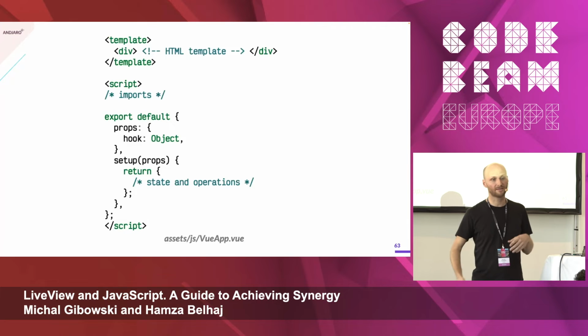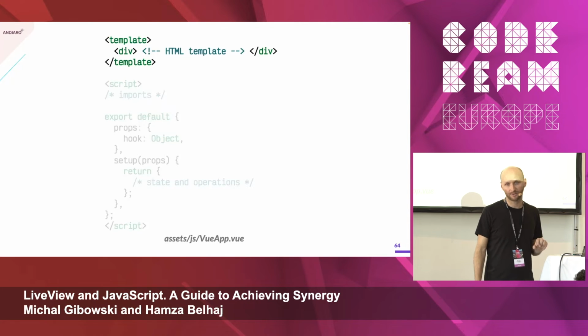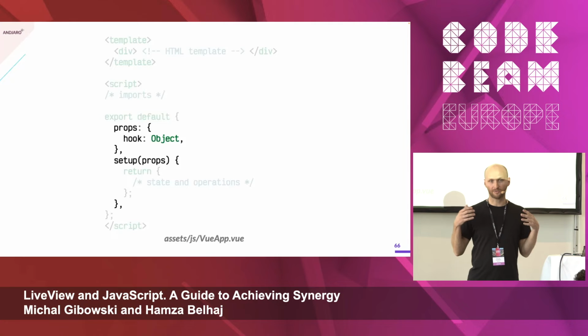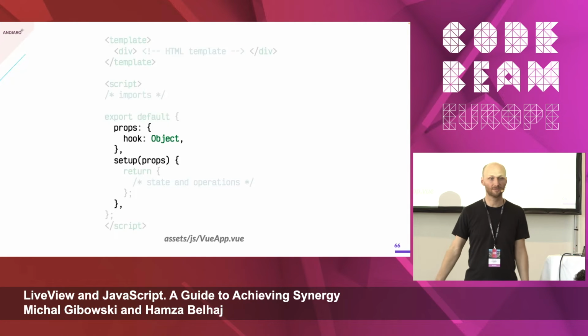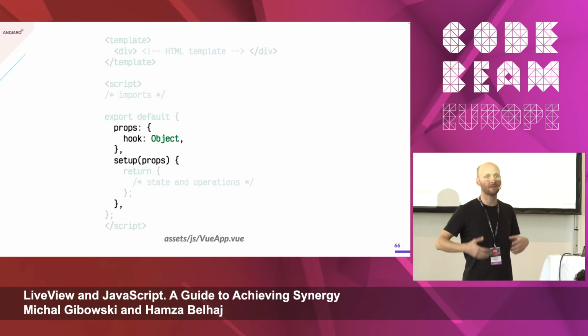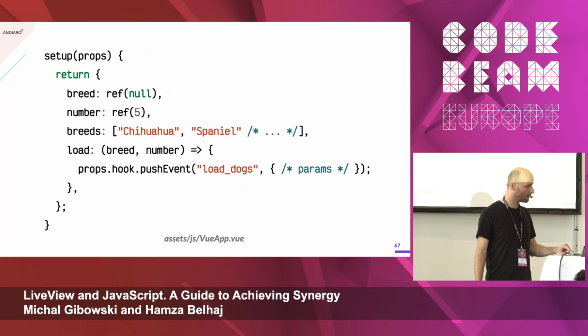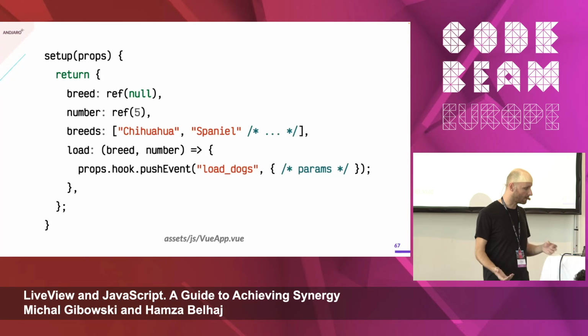So this is our VueJS app. It's in the form of a single file format, which has a template part, which we don't care that much about right now, and it has the logic in this script part. And here we have the declaration of the props. In this case, it's just one prop, the hook. So this is how we receive the hook object on the VueJS part. And the setup function, which contains most of the logic.